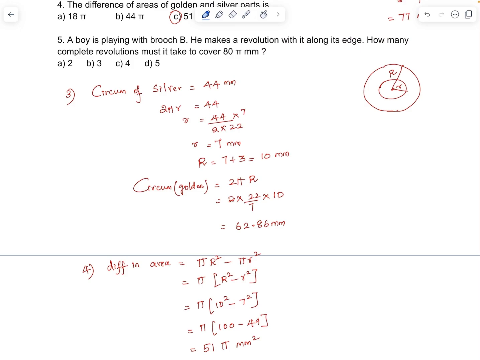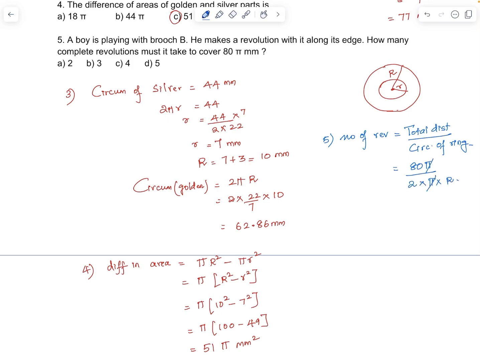Question 5. A boy is playing with brooch B. He makes a revolution with it along its edge. How many complete revolutions must it take to cover 80 pi millimeter? To get the number of revolutions, we have to divide the total distance covered by the circumference of that ring, which is 80 pi upon 2 pi r.